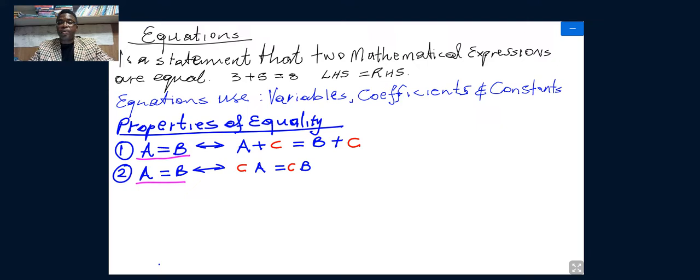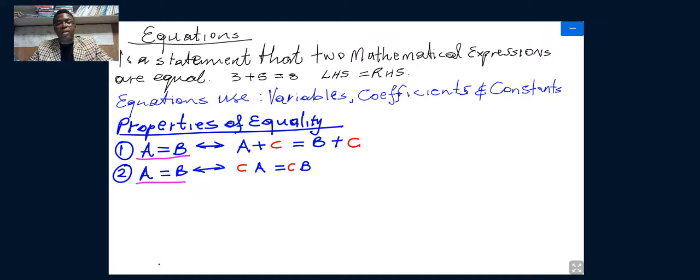In fact, we're talking about an algebraic expression being a way to transform a natural language into a mathematical language using only 3 characters: a variable, a coefficient, and a constant. A variable is a sign that represents an unknown quantity. Coefficients and constants are numbers.